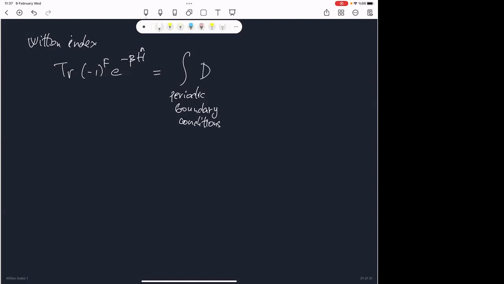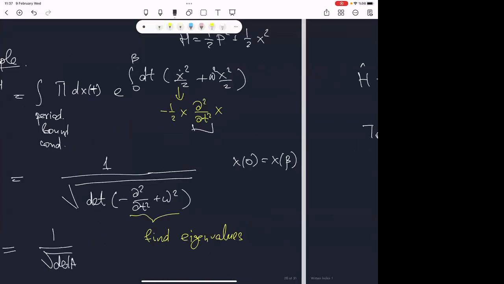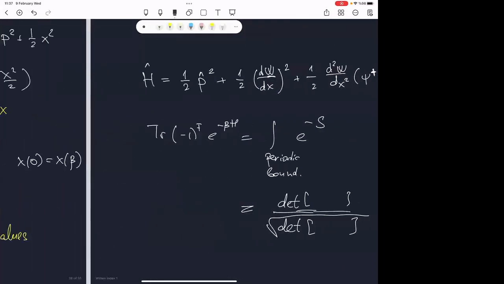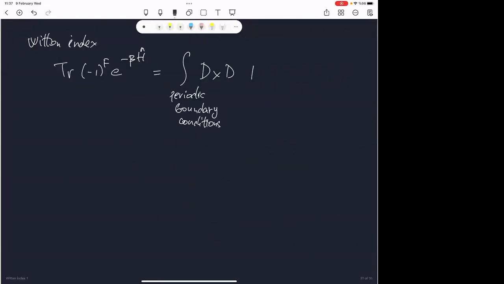Now here you have dx, dψ, dψ bar. Sorry, I always use ψ, though I somehow remembered I was using φ, but that doesn't matter. These are just Grassmann variables.